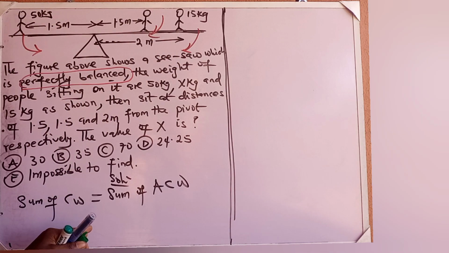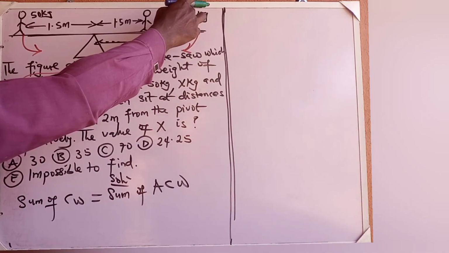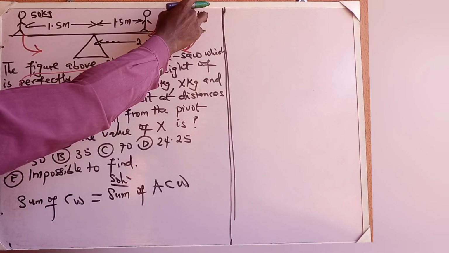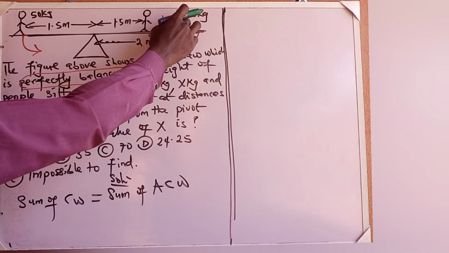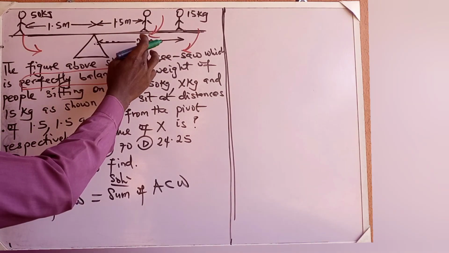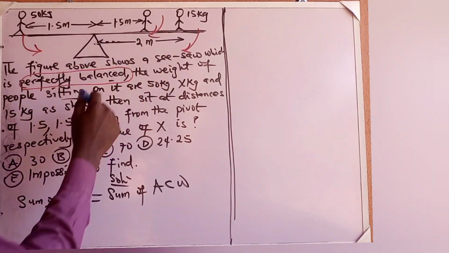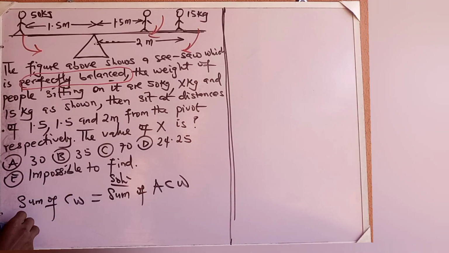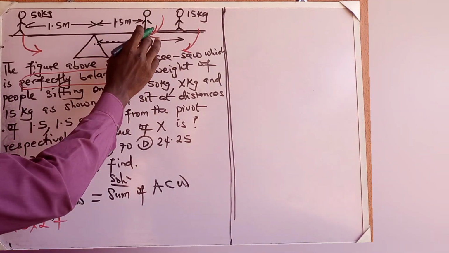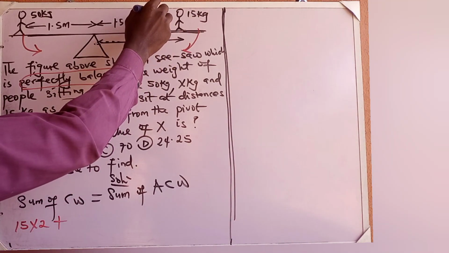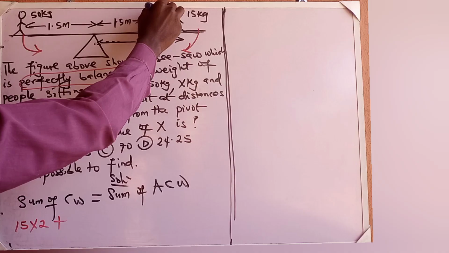So the sum of clockwise moments will be, let's begin with the one weighing 15 kg. It's going to be 15 kg multiplied by the distance of the 15 kg from the balance point. The distance is given to us as 2 meters. So we're going to have 15 multiplied by 2, plus the moment of this guy. The weight of this guy is given to us as x kg.